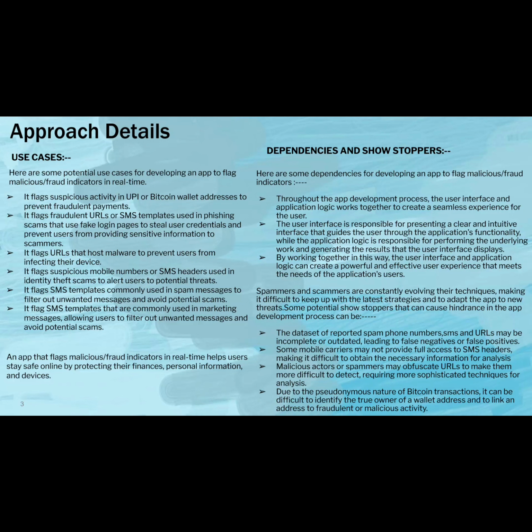So, in this part of the slide, we will talk about the use cases, the dependencies, and the showstoppers of our project. So, here are some potential use cases for developing an app to flag malicious and fraud indicators in real time. Flags suspicious activity in UPI or Bitcoin wallet addresses to prevent fraudulent payments.